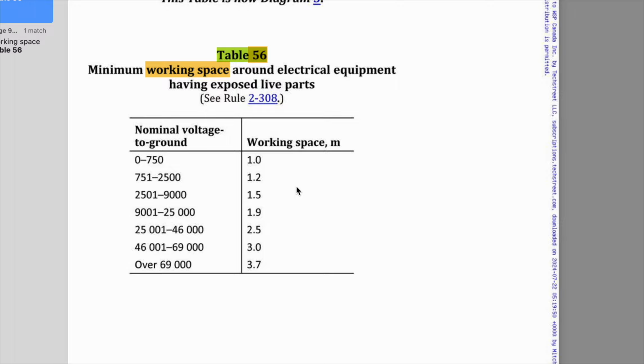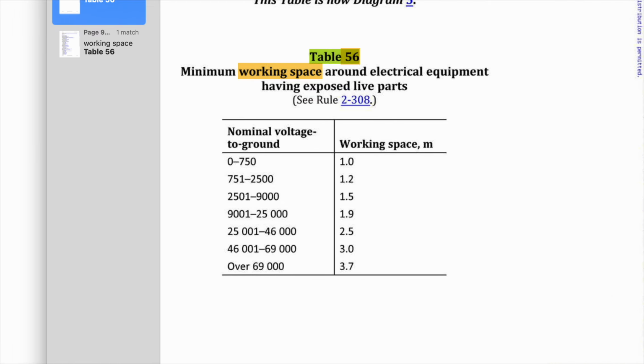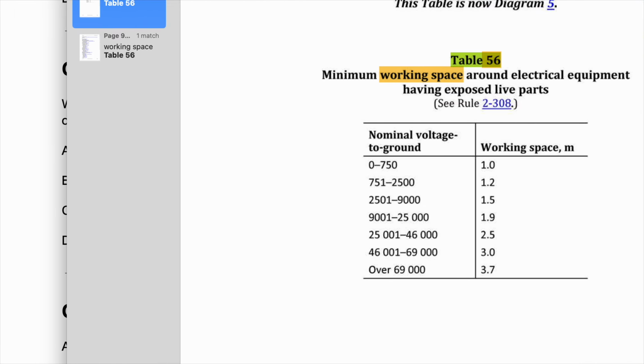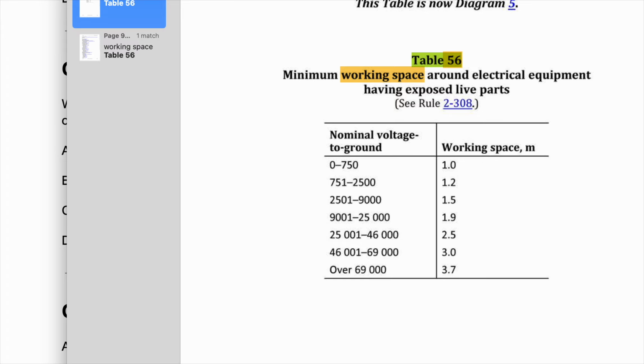But it's not enough. First of all, you need to memorize. You need to know what these tables are and how you can find them.